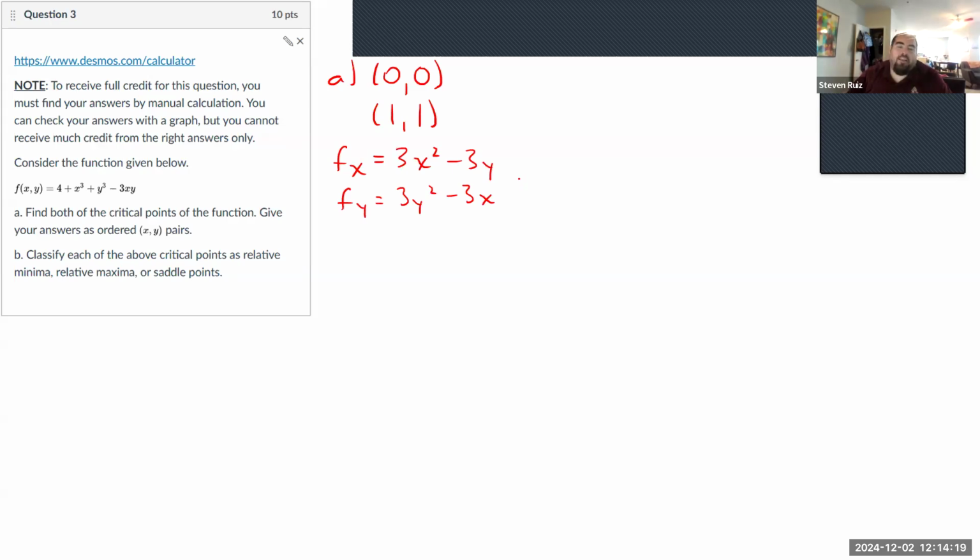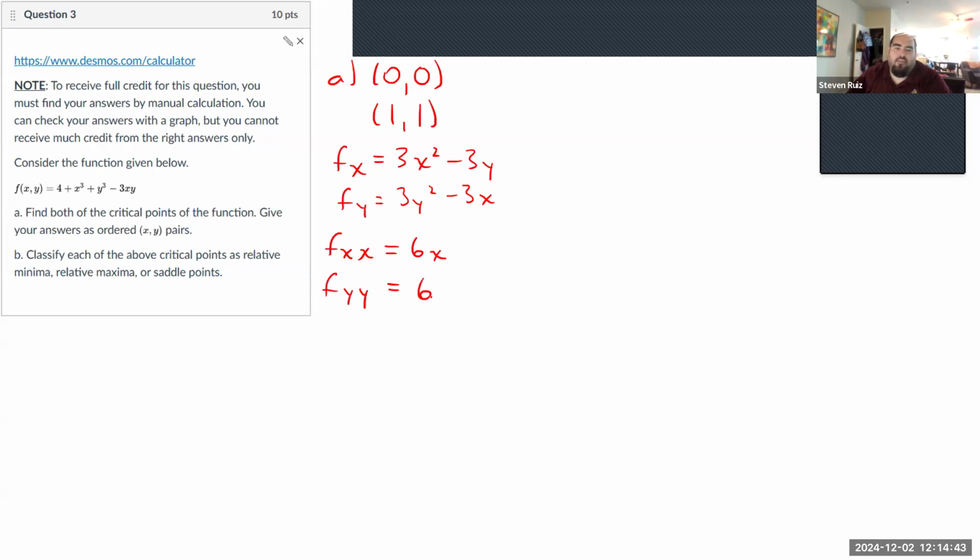So to figure out how to classify these, we need to get the second order partials. So the second order, the unmixed ones, take the partial with respect to x again. That'll be 6x. Take the other unmixed partial with respect to y.